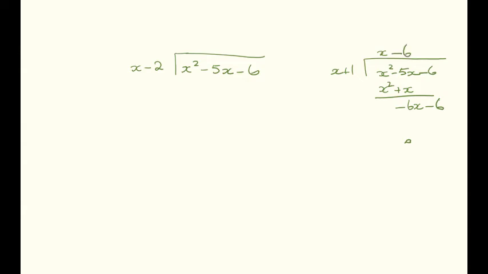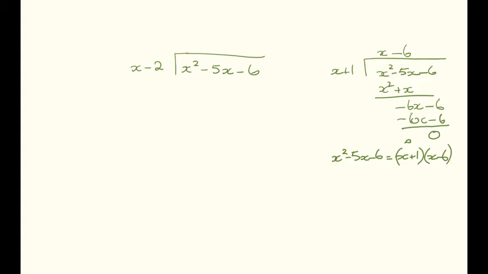Minus 6 times x plus 1 gives me minus 6x minus 6. And that's a remainder of 0. So what I see then is that I could write, so my division transformation, x squared minus 5x minus 6 equals x plus 1 multiplied by x minus 6, which we know is the case.